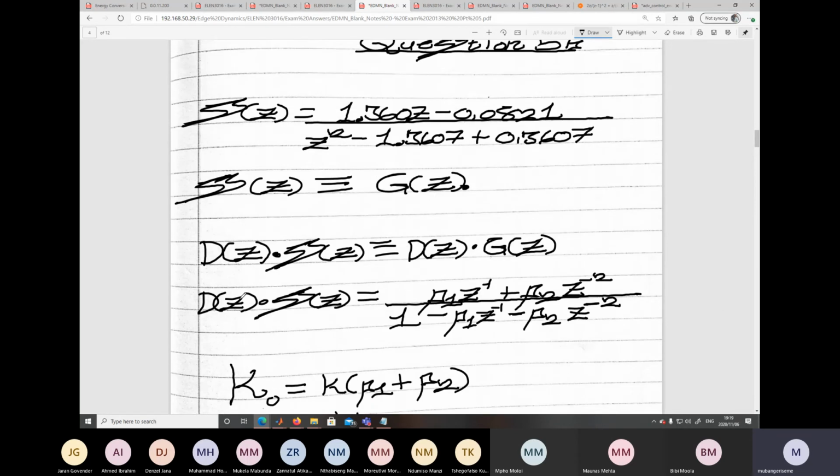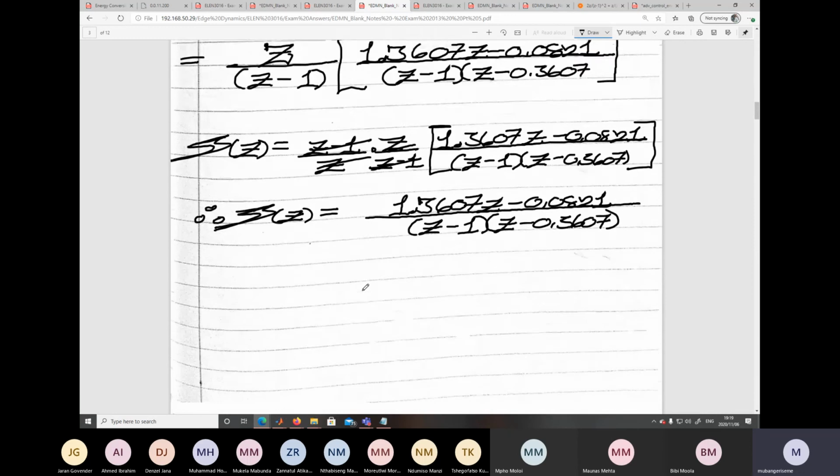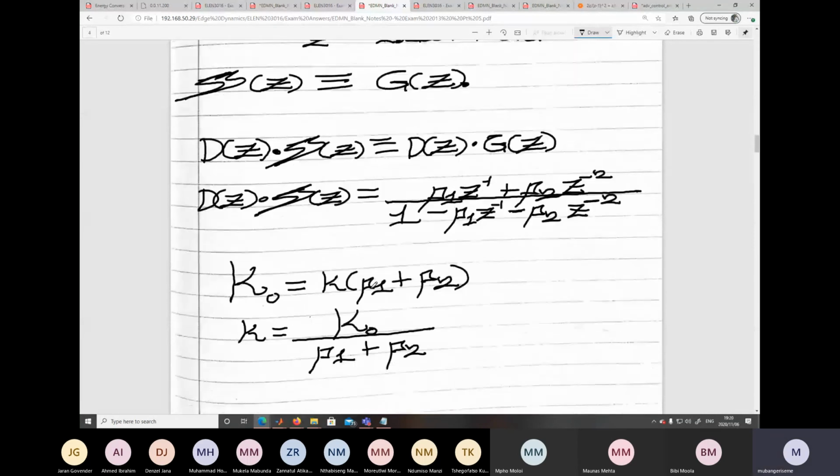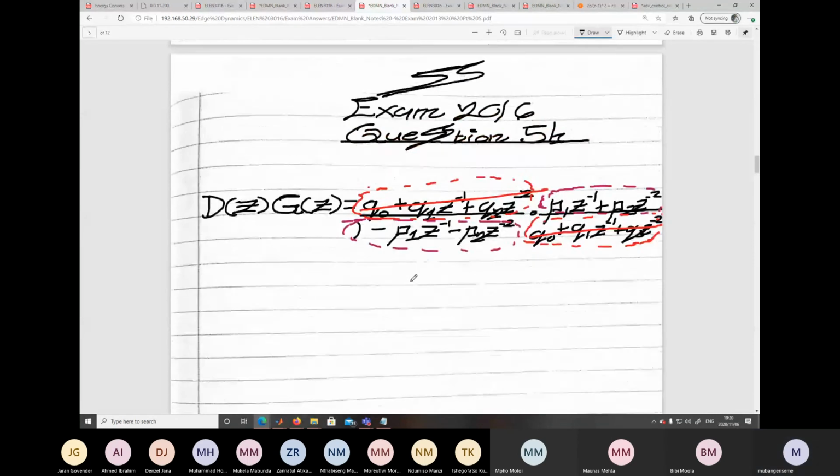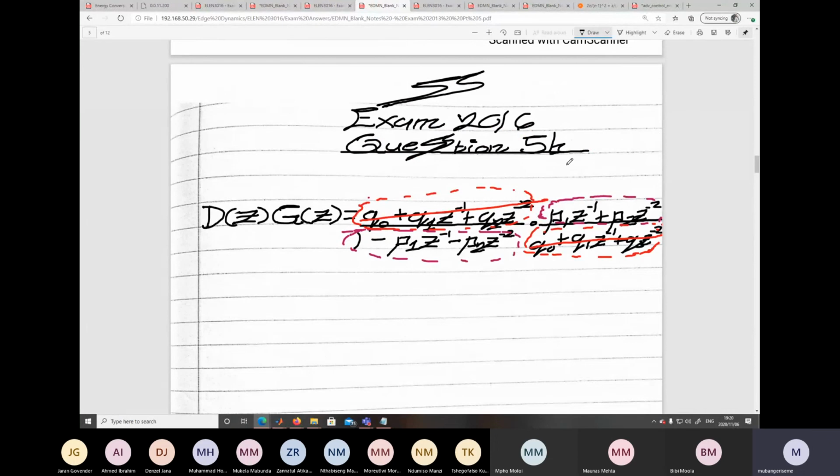That's because our digital controller is designed such that its actual zeros cancel the poles of your zero order hold plant combination completely. And then the poles of your controller are given by 1 minus P1 Z minus 1 and P2 there. So this entire thing is only governed by P1 and P2.